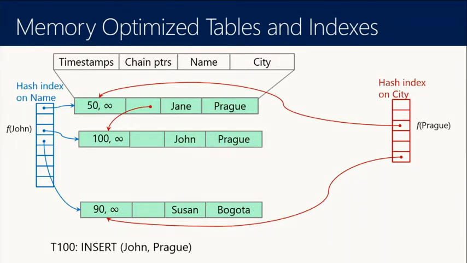Initially it did not have a next row, but now it does have a next row, and the next row is John in Prague. So if I want to now do a seek on city Prague, I'll jump into this index, I find my first row, I return it, and then I see, oh, there is another row in this index, so I return that second row as well.